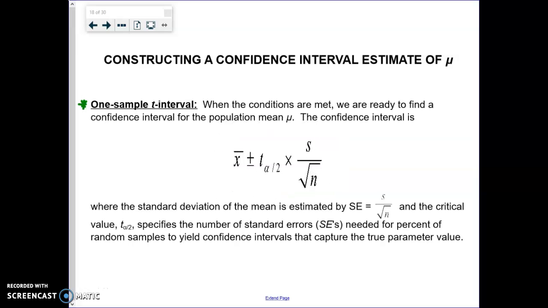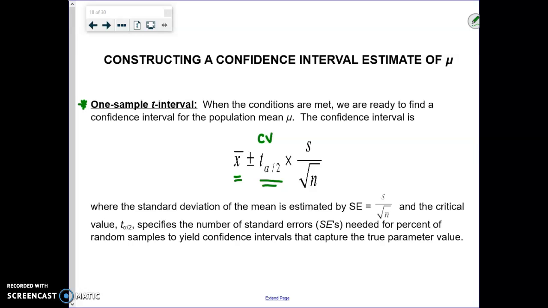So, what does everything mean here? We're going to start with our point estimate, which is our sample mean that we get from our sample. We're going to add and subtract from that our critical t-value. This again is the critical value. Don't worry about the alpha divided by 2. All that's basically saying is that we're taking our alpha, which is the complement to our level of confidence, and we're splitting that among our two tails, and I'll show you that when we do an example.